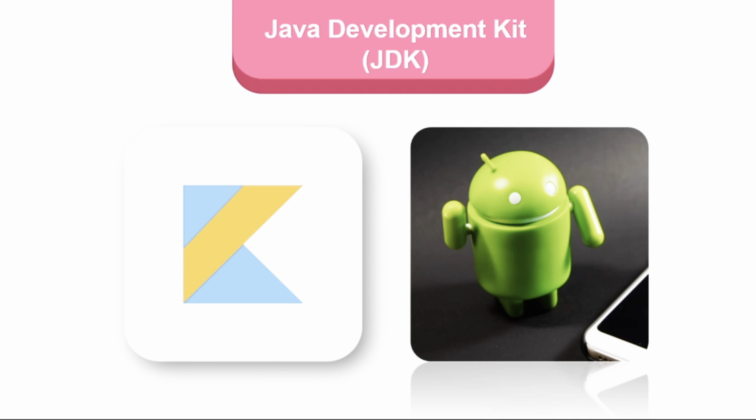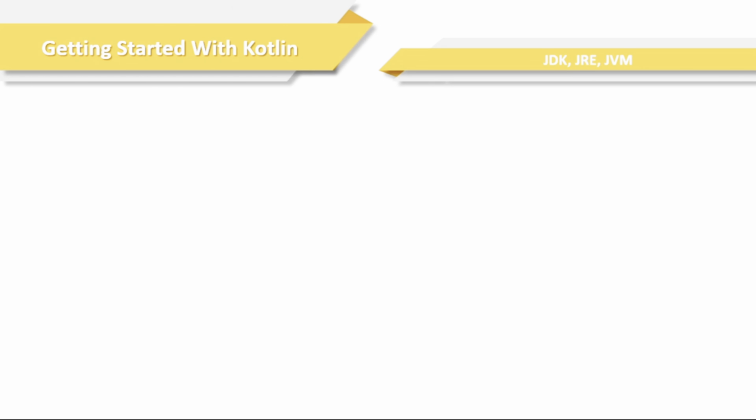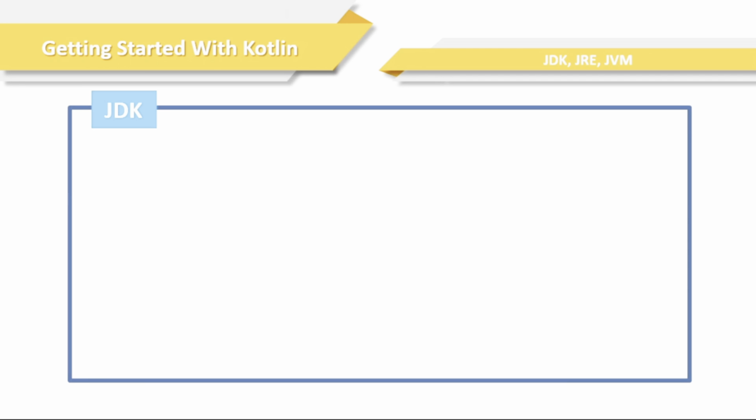Now before we move on to the JDK installation, I would like to briefly explain the concepts of a Java Development Kit that we refer to as JDK, a Java Virtual Machine, or JVM, and Java Runtime Environment, or JRE. So this Java Development Kit, it's a software development environment, and it's used to develop Java applications.